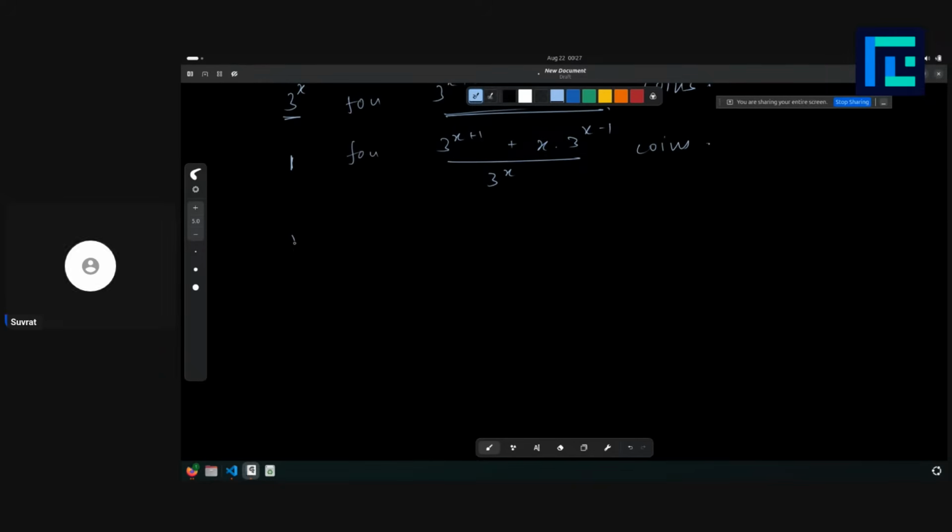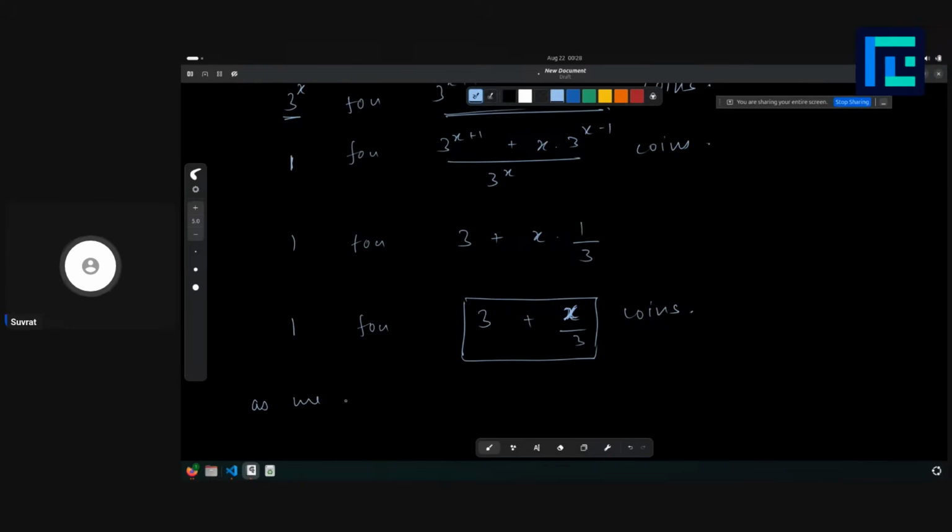So 1 melon for 3 to the power x plus 1 upon 3 to the power x would be 3. Then x into 3 to the power x minus 1 upon 3 to the power x would be 1 by 3. So we are buying 1 melon for 3 plus x by 3 points. So now what happens is we are paying more number of points to the shopkeeper as we are increasing x.